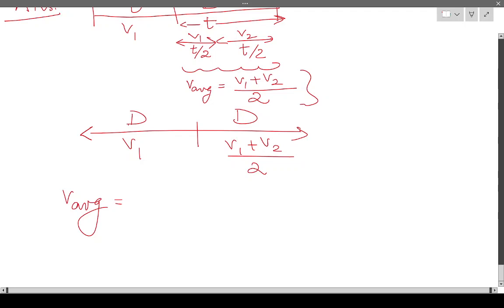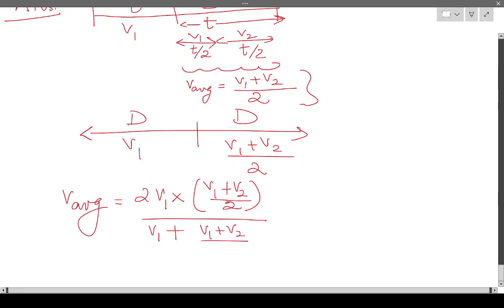2v1 into the second speed, 2v1 into (v1 plus v2 by 2), whole divided by v1 plus (v1 plus v2 by 2).